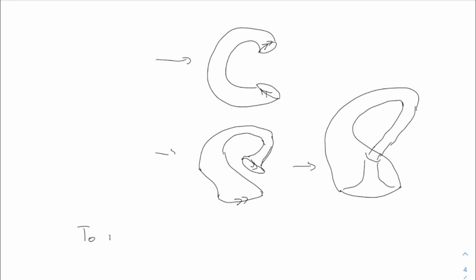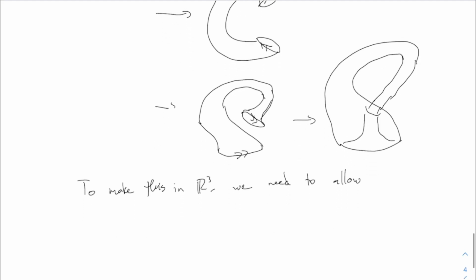So to make this in R3, we need to allow the shape to pass through itself. But this is not actually part of the true shape in a topological sense. The true shape doesn't have that little thing where it goes through itself.